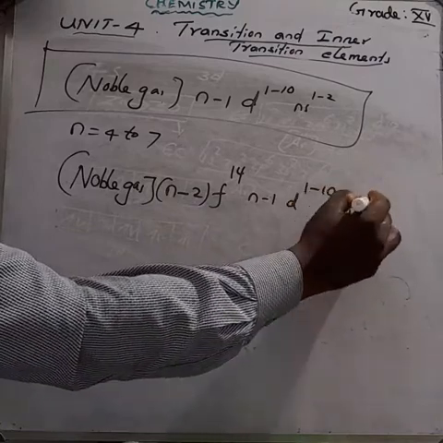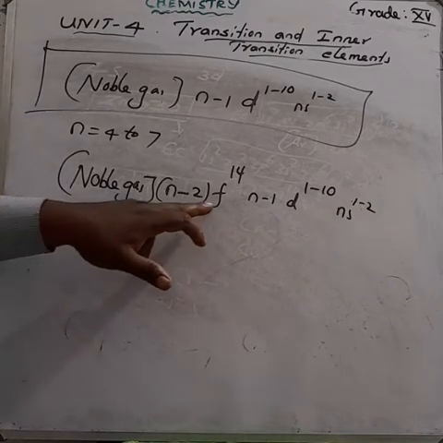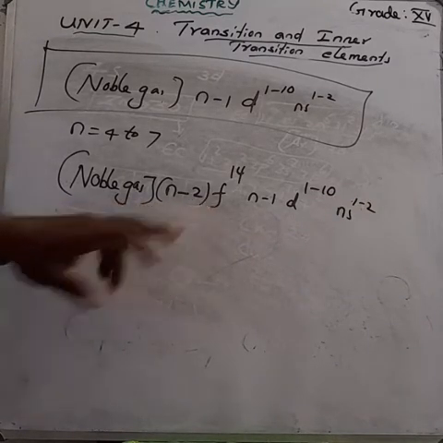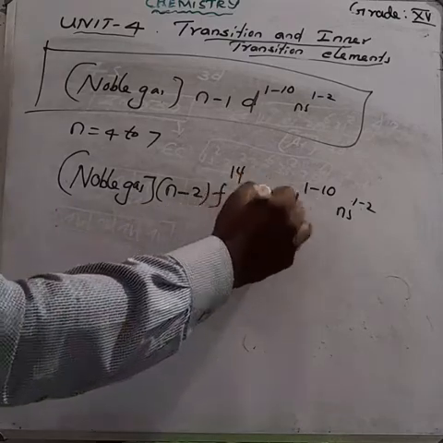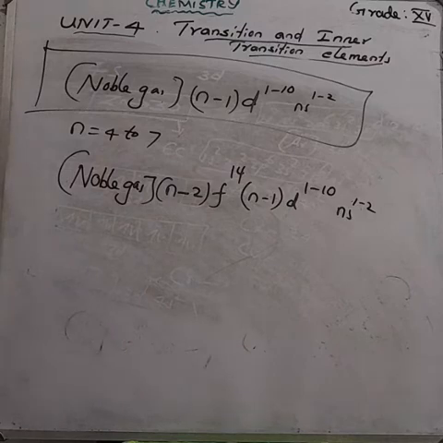Here, (n minus 2) means don't forget that it is the f-block configuration, that is f14, (n minus 1) d 1 to 10, ns 1 to 2. This is the electronic configuration of d-block and f-block elements.